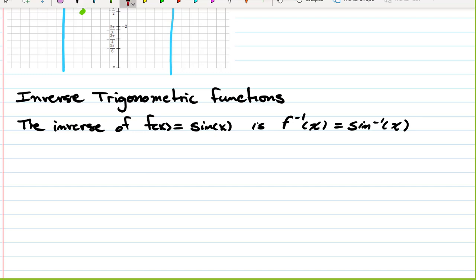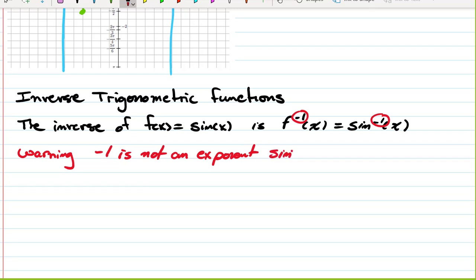So once again, we have to be a little bit careful. Warning, the negative 1 is not an exponent. So sine inverse of x does not equal 1 over sine x, which would be the cosecant of x.